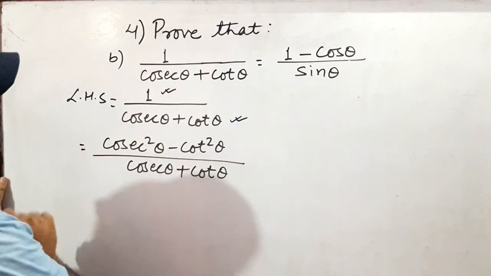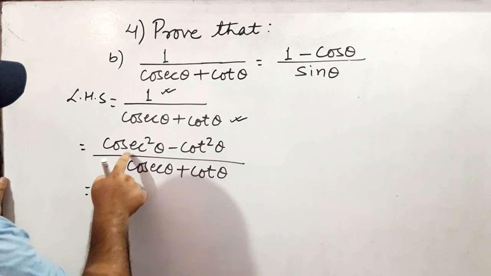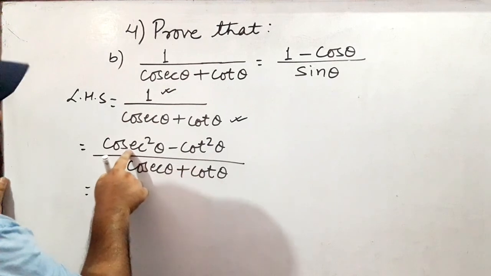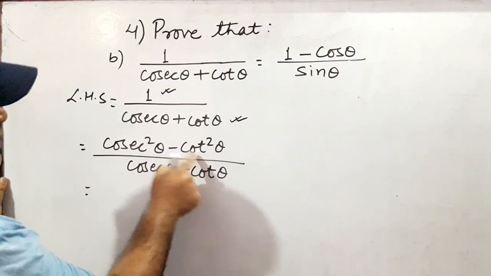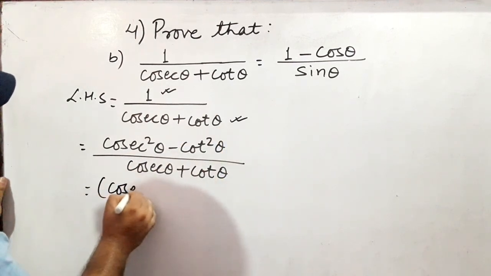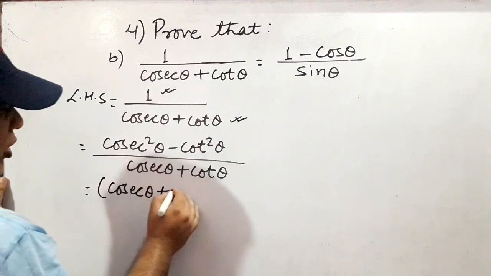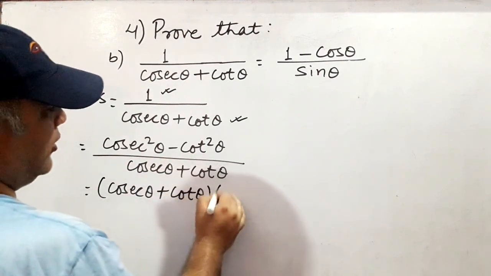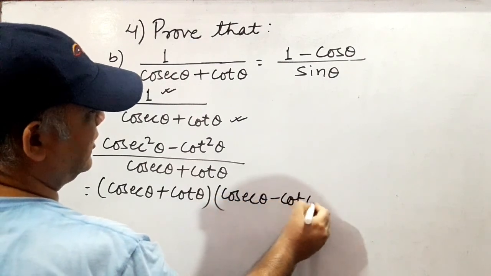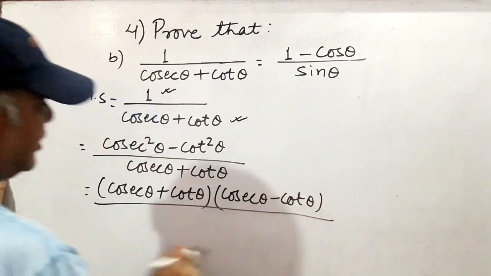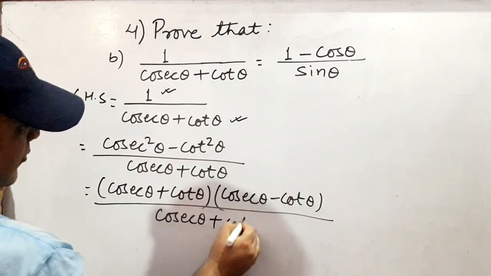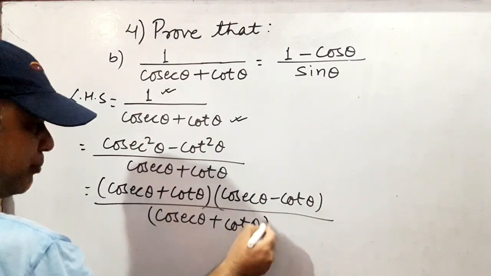It's in the form a square minus b square, where cosec theta acts as a and cot theta acts as b. So a square minus b square, which is a plus b, that is cosec theta plus cot theta, into a minus b, that is cosec theta minus cot theta, by cosec theta plus cot theta. Let me keep this in bracket.